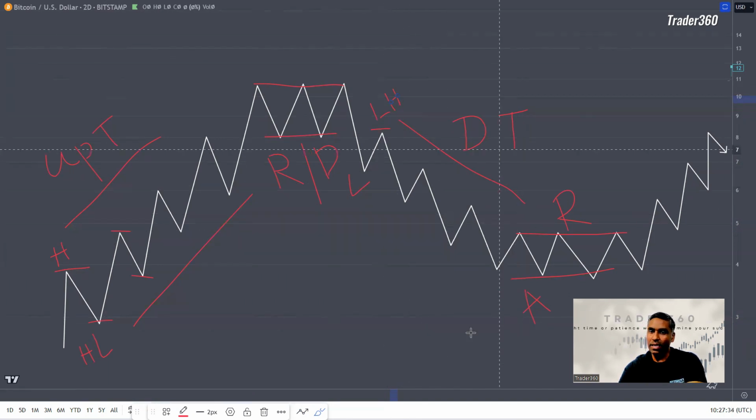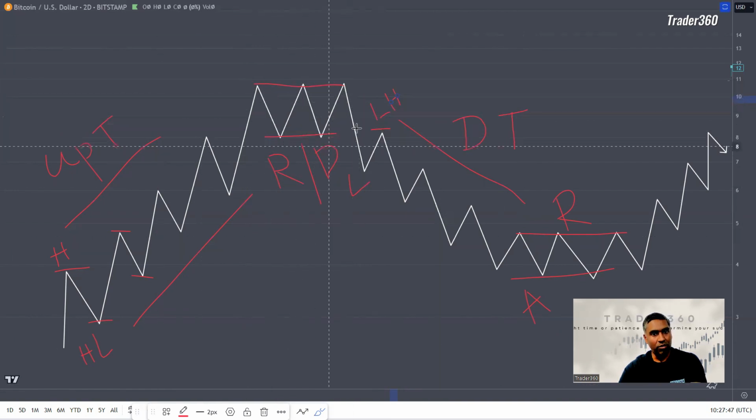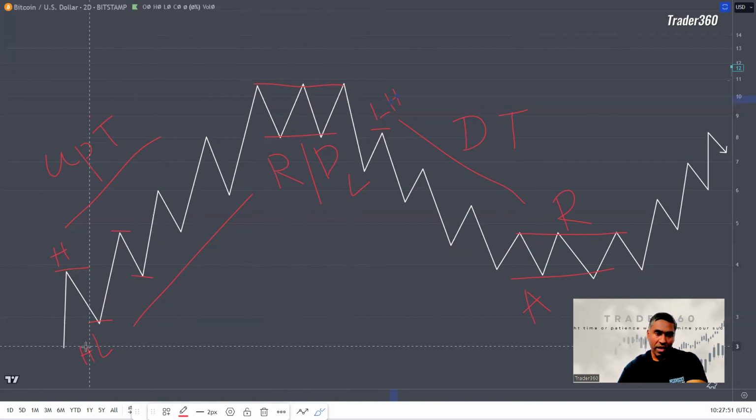And this is a really, really important concept for us, because we are going to trade only trends. We can trade these areas, but that's something different, and we will learn about that also. But our main focus should be to trade trends, either an upward trend or a downward trend.